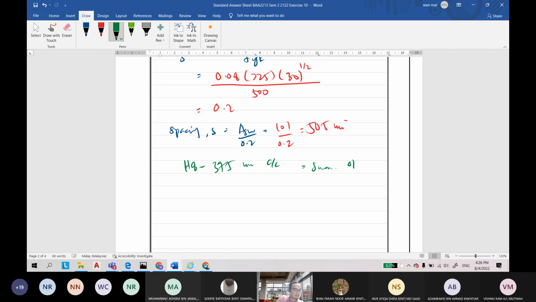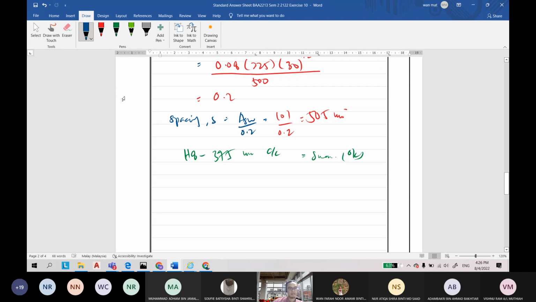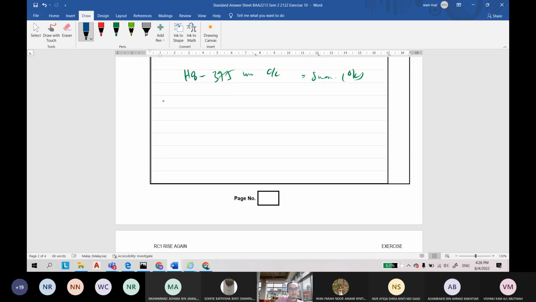And then the shear resistance capacity of minimum links shall be V minimum equal to ASW over S times 0.78 times d times fyk times cotangent theta.